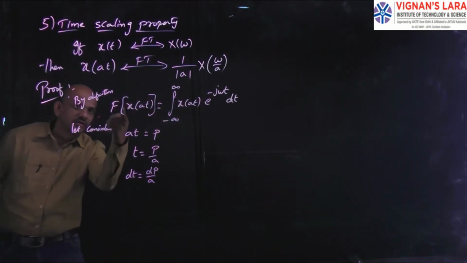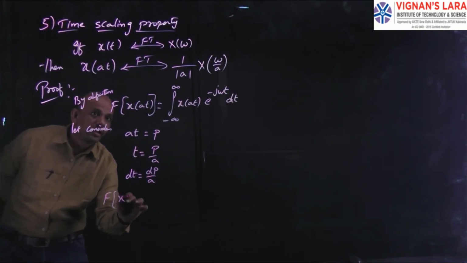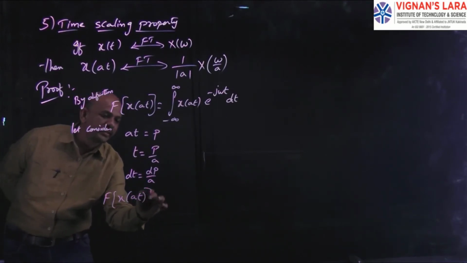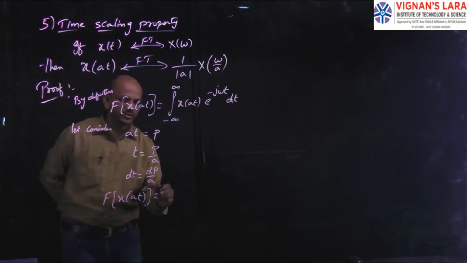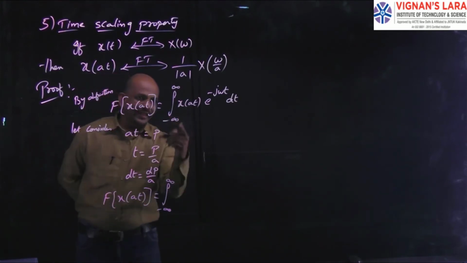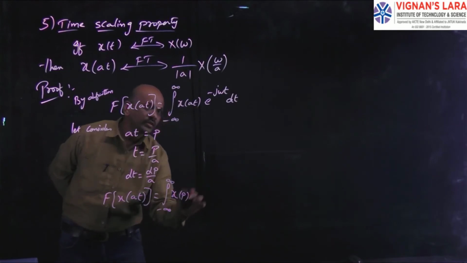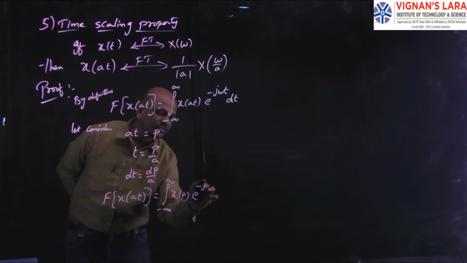That is, the Fourier transform of x of at will be equal to the integral from minus infinity to infinity of x of at. I am considering at as p, so x of p e power minus j omega.